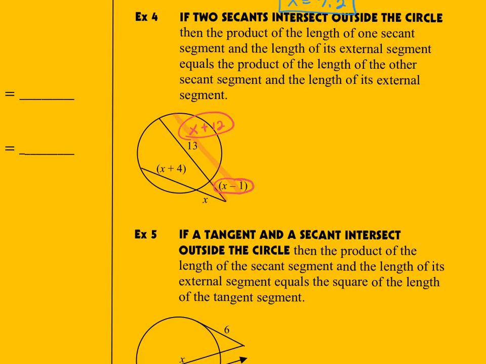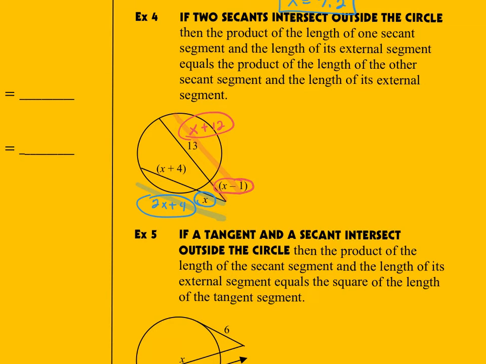On the other side, for the other segment, our outside piece is x, and the whole is x plus x plus 4, or in other words, 2x plus 4. Again, the product of those will be equal.